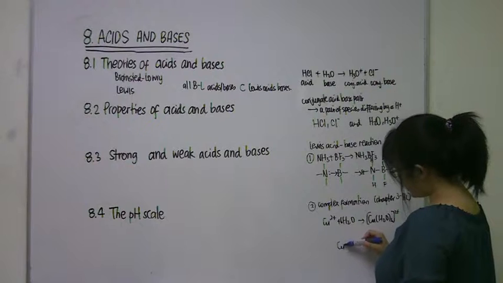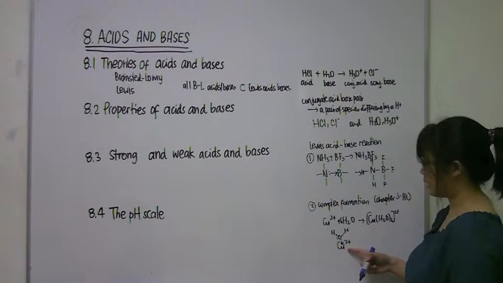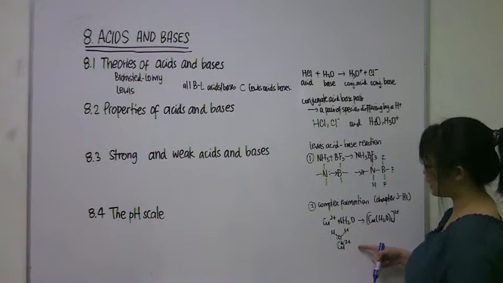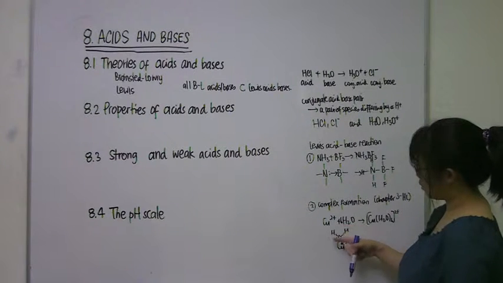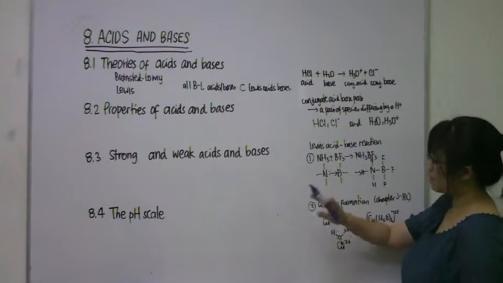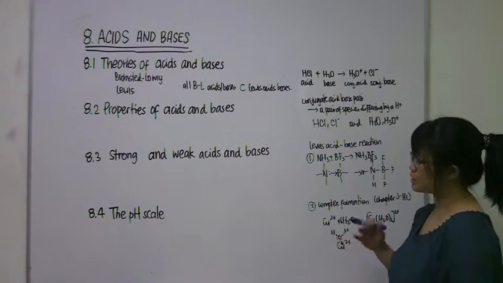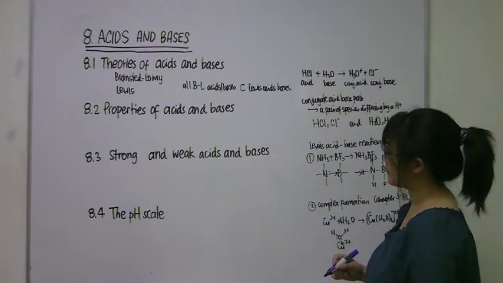In this case you have Cu2 plus, and the ligand will donate a lone pair to the metal ion. So your metal ion is the acid and the ligand is the base. So these two are specific examples of Lewis acid-base reactions which are not Bronsted-Lowry acid-base reactions.